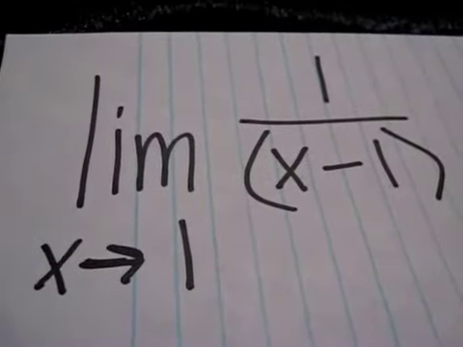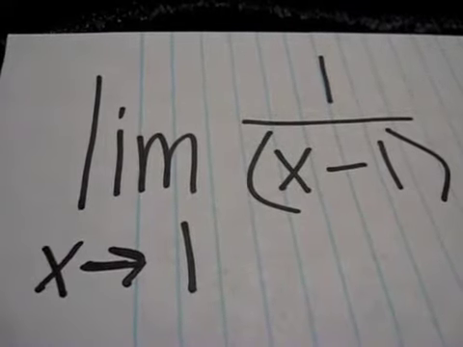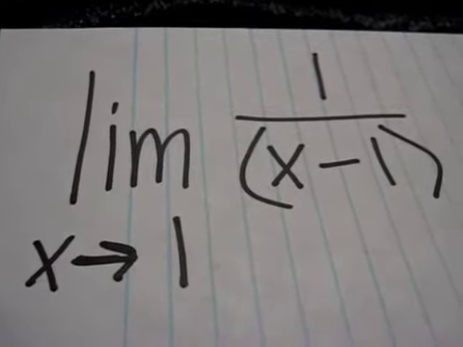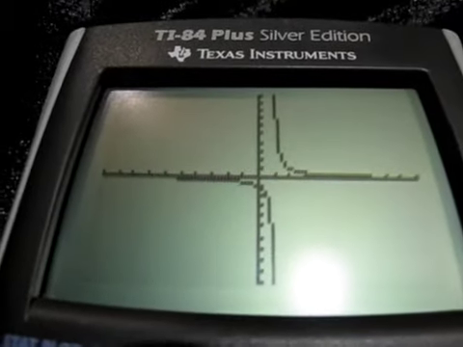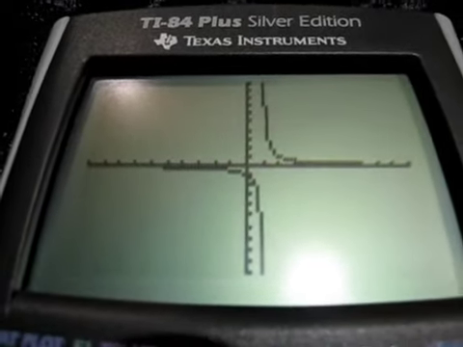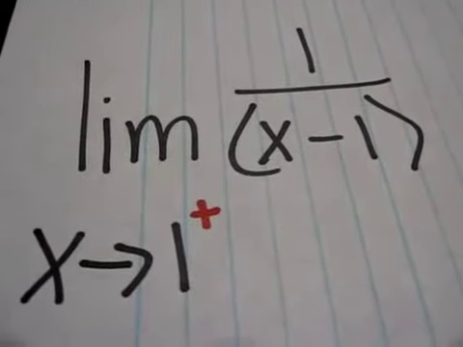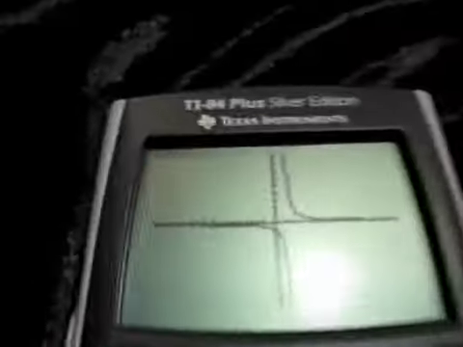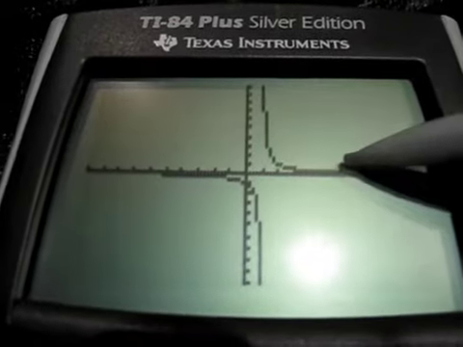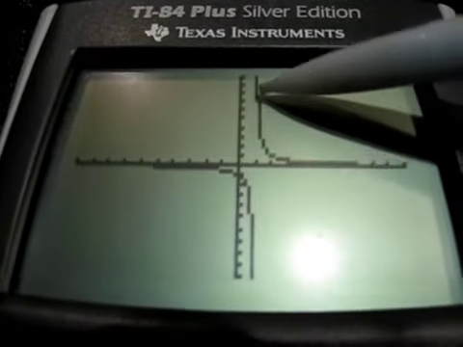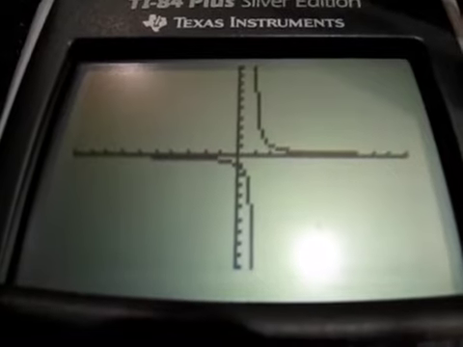Given the limit of 1 over x minus 1 as x approaches 1, we get the graph, which shows that the function grows without bound, meaning it does not have a limit. However, for the limit as x approaches 1 from the positive side, x works its way closer and closer to 1 for a very long time.